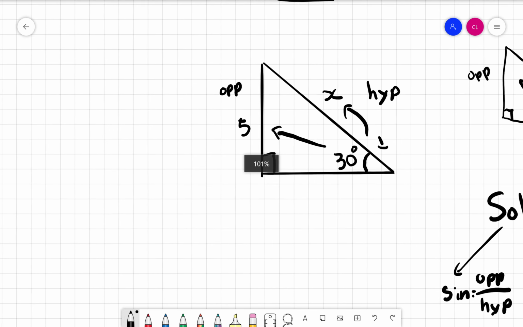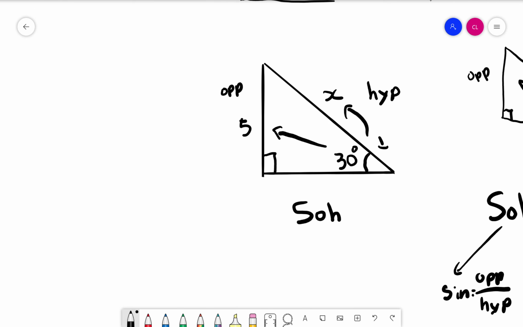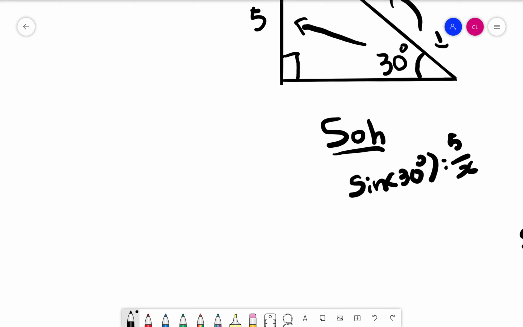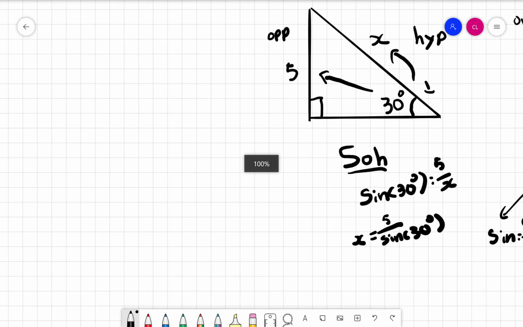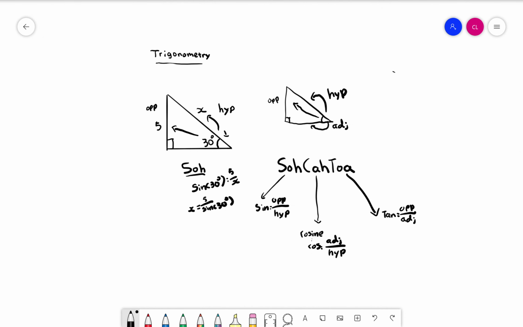So we need to use sine: sine of the angle equals opposite over hypotenuse, which is 5 over x. To get x, you make it x equals 5 over sine 30, and type that into your calculator, which I'm not going to do for time reasons.